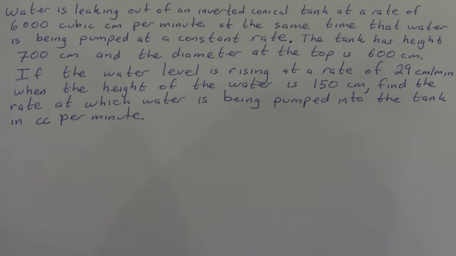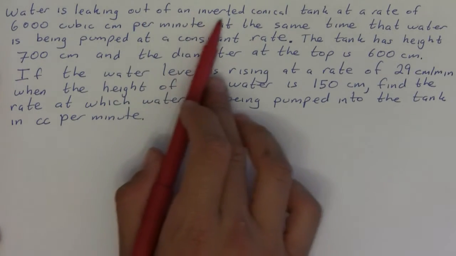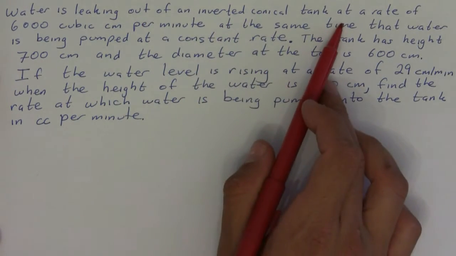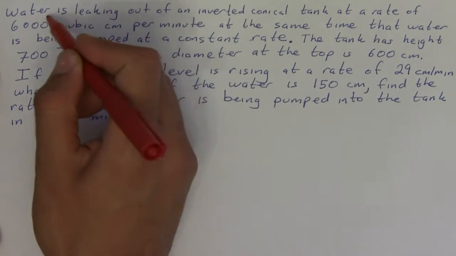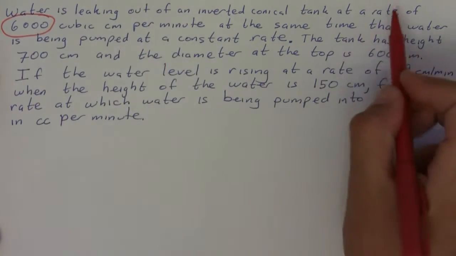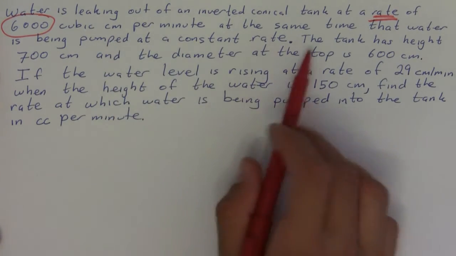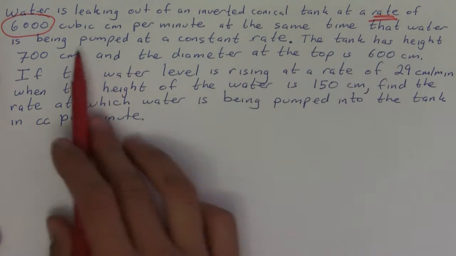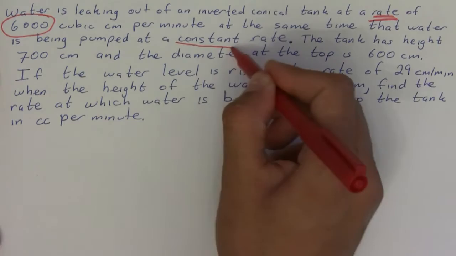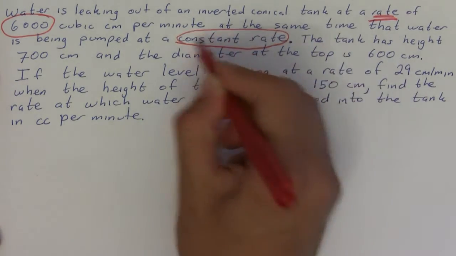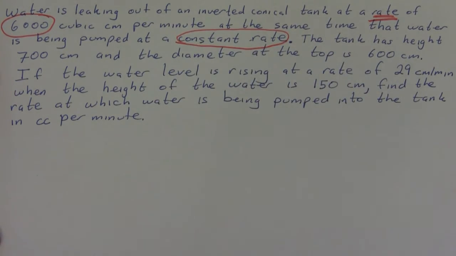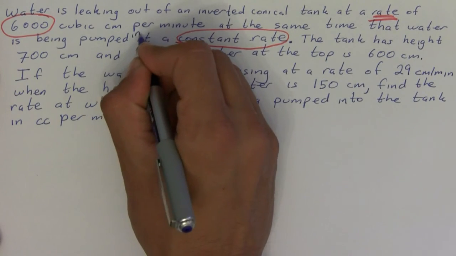Okay, so this problem is pretty intense, so it's going to take a little while. Here we have water is leaking out of an inverted conical tank at a rate of 6,000 cubic centimeters per minute. At the same time, water is being pumped in at a constant rate.